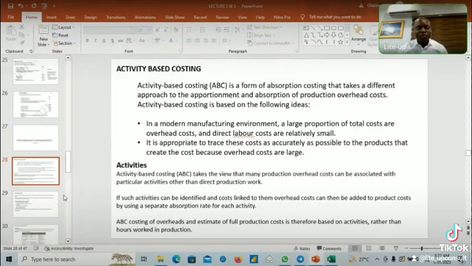Each of those rooms uses electricity differently. The electricity that is consumed in producing donuts in its own room, based on its own volume, is the direct overhead cost to donuts. The one for meat pie will be for meat pie too.